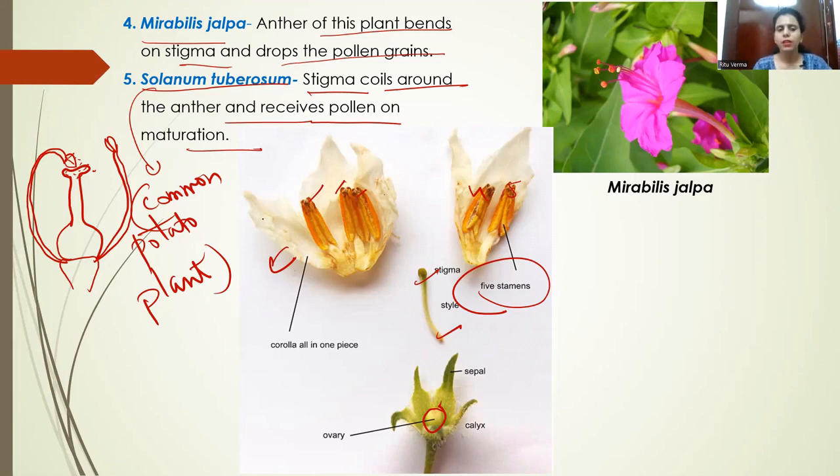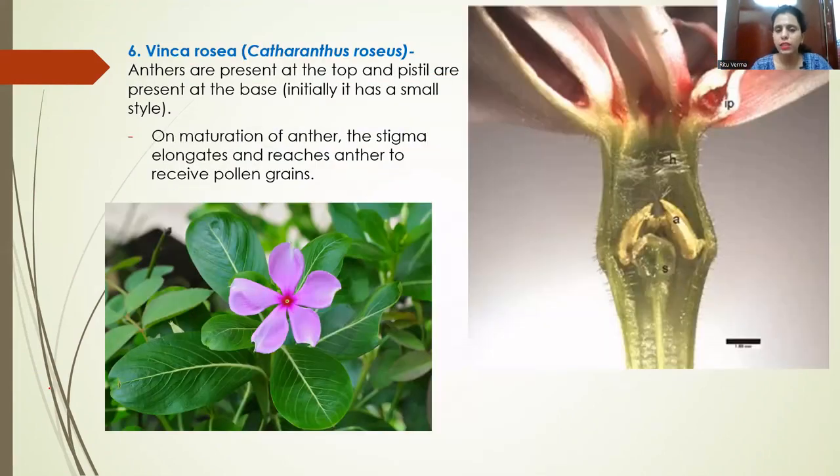The last unique adaptation for self-pollination can be observed in the Vinca rosea plant, whose botanical name is Catharanthus roseus. In this plant, anthers are always present on the top of the flower, but the pistil is present at the bottom of the flower and the style is very short.